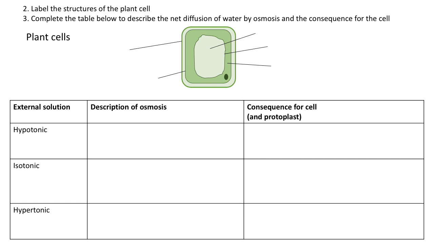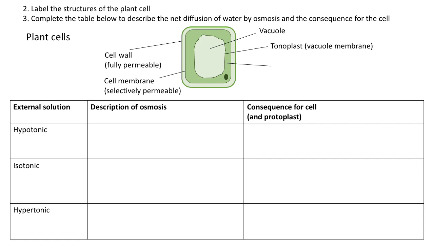Okay, so you should have the cell wall. Remember, that's fully permeable, so everything can pass through. The cell membrane, it's a selectively permeable membrane. That's the vacuole. The tonoplast, which is the vacuole membrane, and then the protoplast.